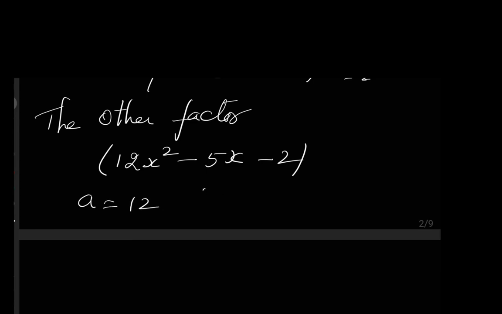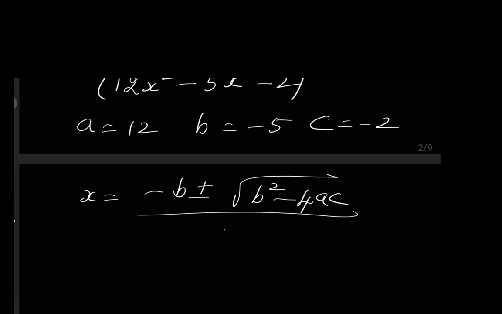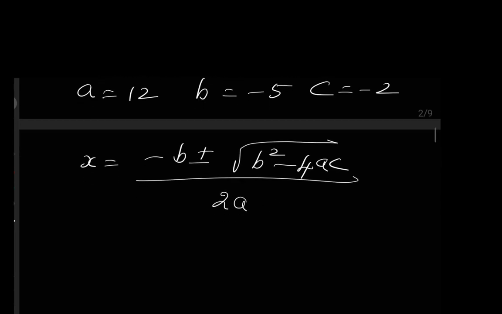A equal to 12. B is equal to minus 5. C equal to minus 2. So x equal to minus b plus or minus root of b square minus 4ac by 2a. Substitute the values.